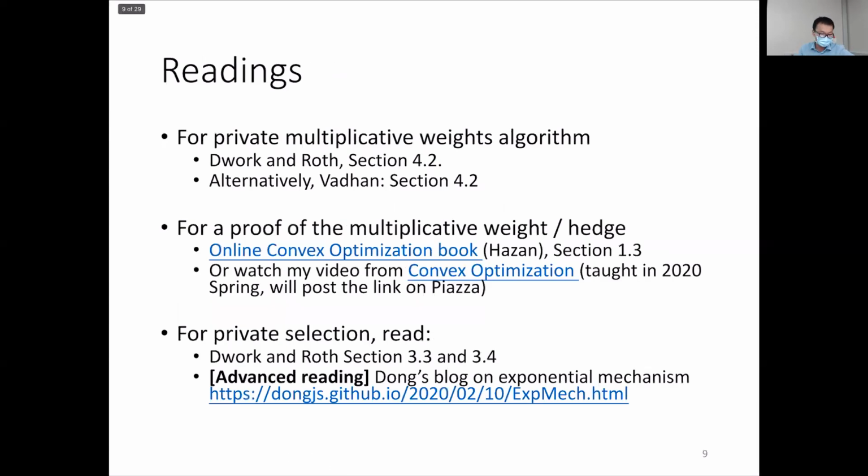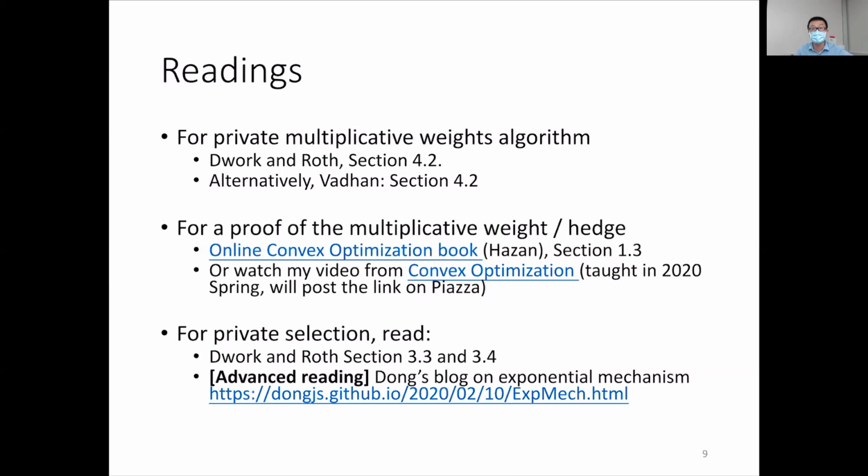Here are the reading materials behind today's lecture. I encourage you to read a subset of these if you find today's materials interesting. In particular, I'll be making use of a classical result from online convex optimization or online learning called multiplicative weight update, or Hedge.